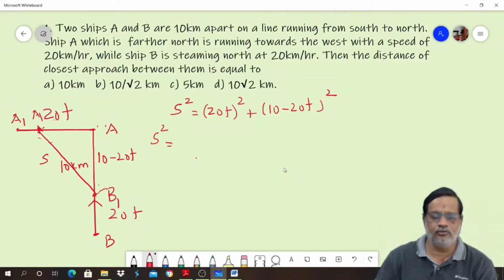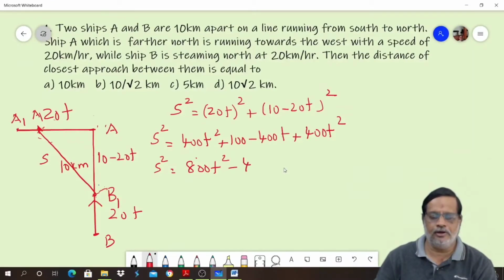S square equal to 400 t square plus 100 minus 400 t plus 400 t square. Simplifying further, we get S square equal to 800 t square minus 400 t plus 100.